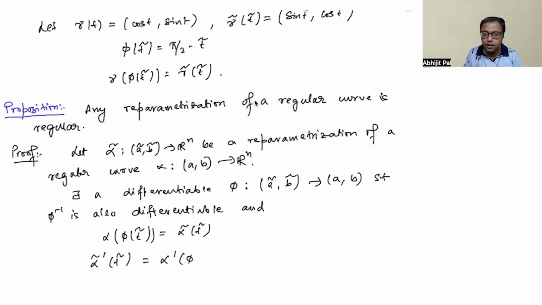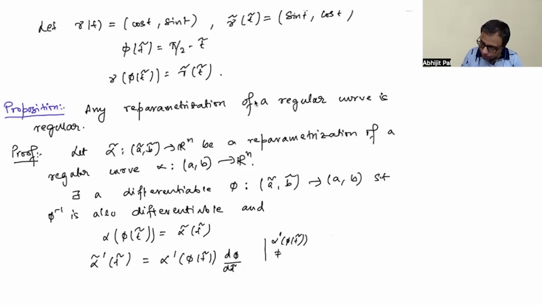We know that this curve alpha is regular. Therefore alpha prime of phi of t tilde is not equal to 0, here it is a 0 vector. And this phi is differentiable, and phi inverse also exists and is also differentiable.